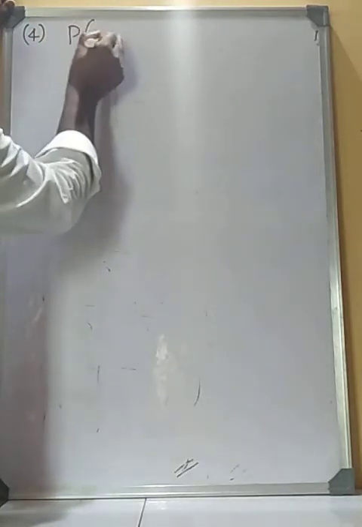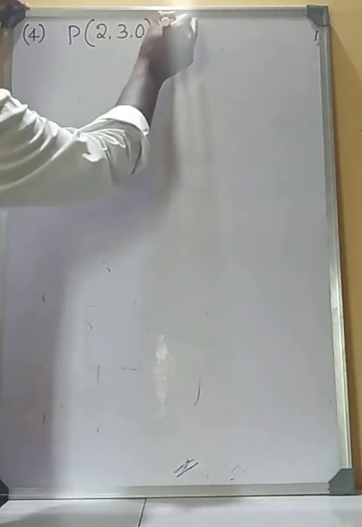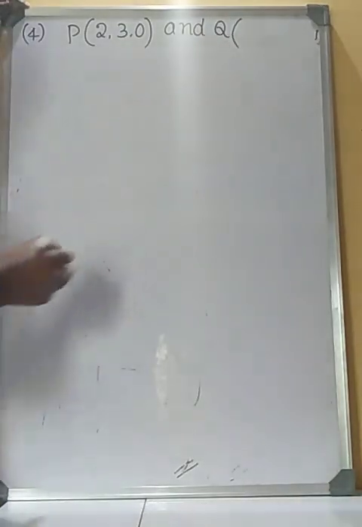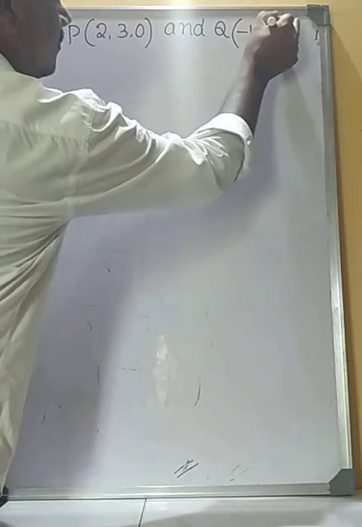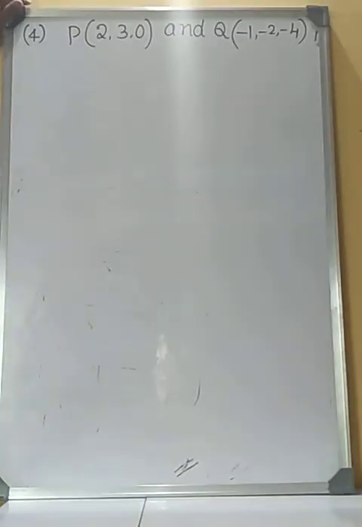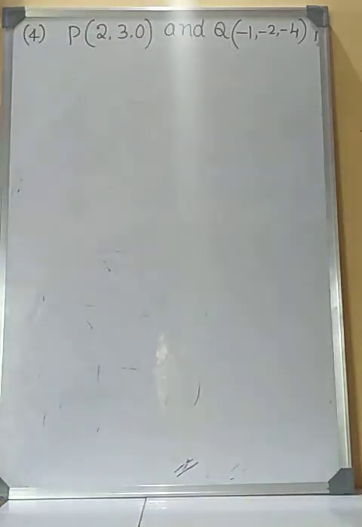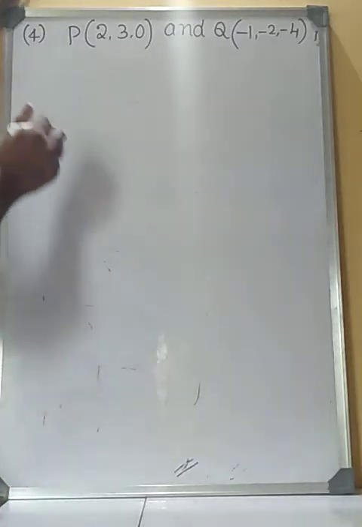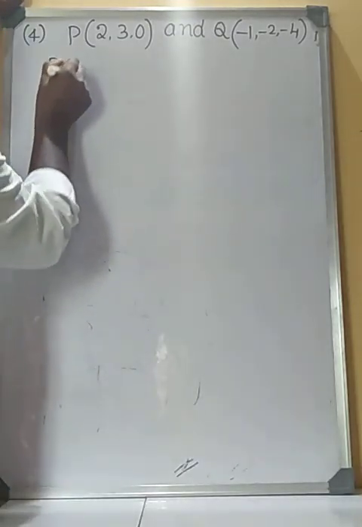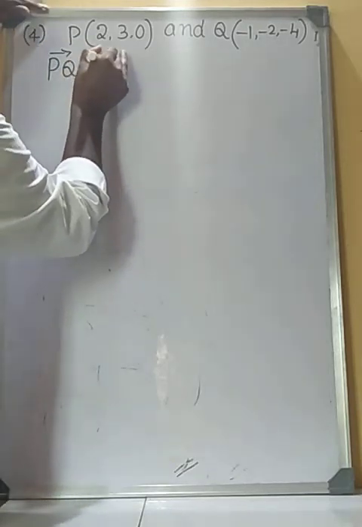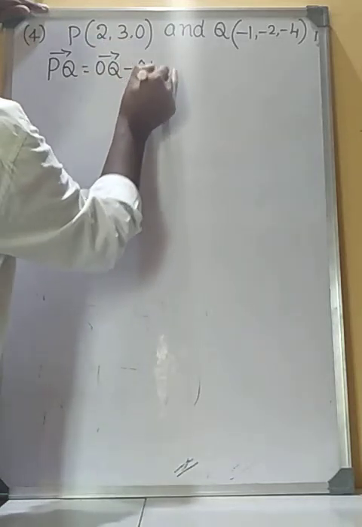The next example, example 4. Find the vector joining the points P(2, 3, 0) and Q(minus 1, minus 2, minus 4), directed from P to Q. That is, vector PQ is equal to OQ minus OP vector.